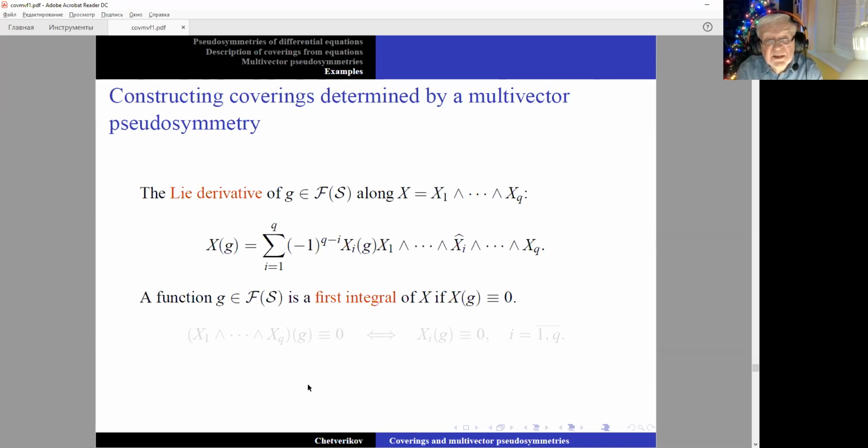To construct coverings determined by a multivector pseudosymmetry, let's define the Lie derivative of functions along multivector pseudosymmetries by this equality and define a first integral of a multivector pseudosymmetry by this equality.